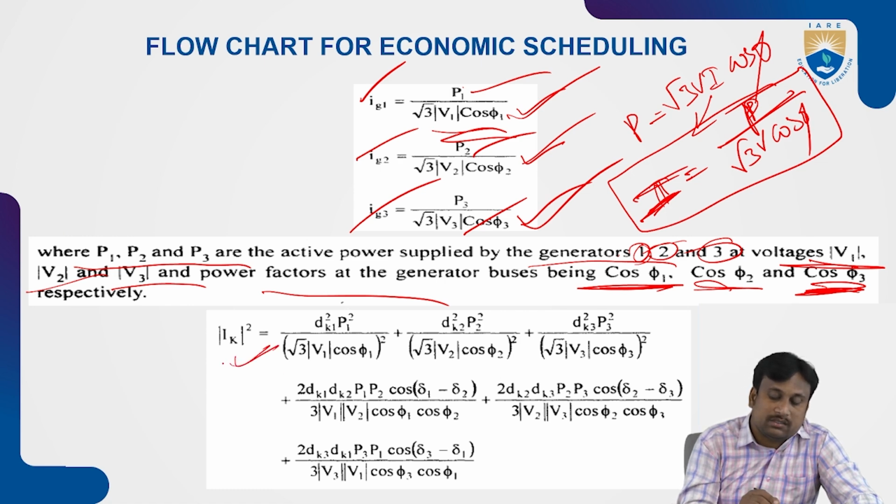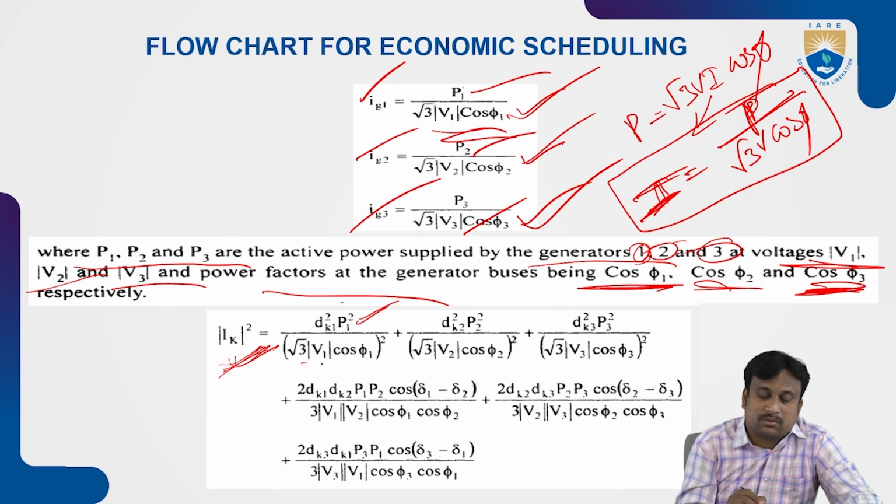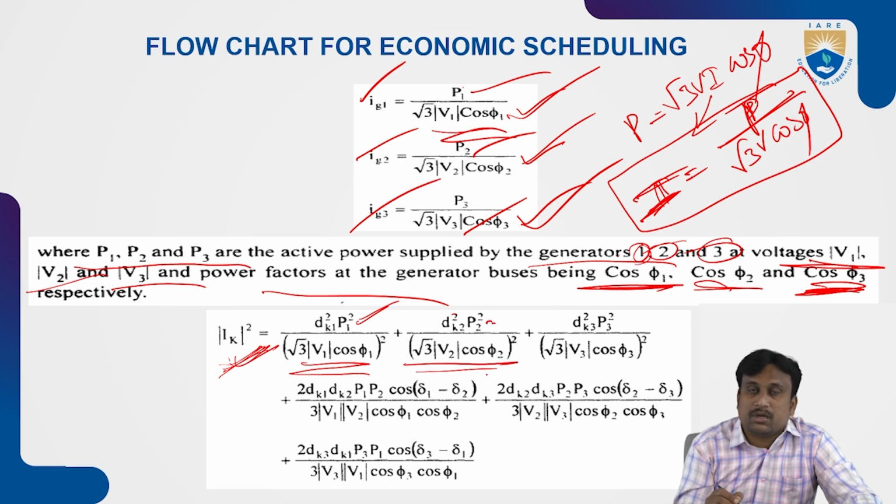So squaring this term, Ik square equals dk1 square P1 square by root 3 V1 cos phi 1 whole square plus dk2 square P2 square by root 3 V2 cos phi 2 whole square plus dk3 square P3 square by root 3 V3 cos phi 3 whole square.